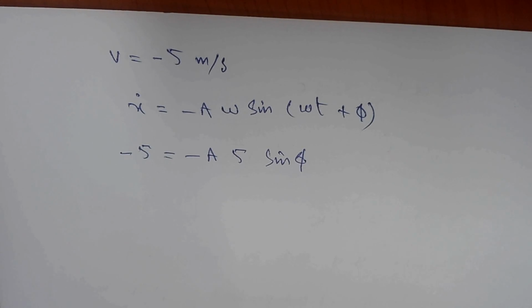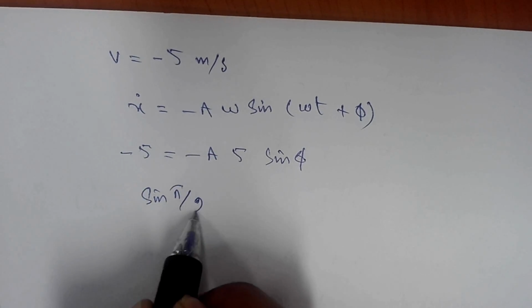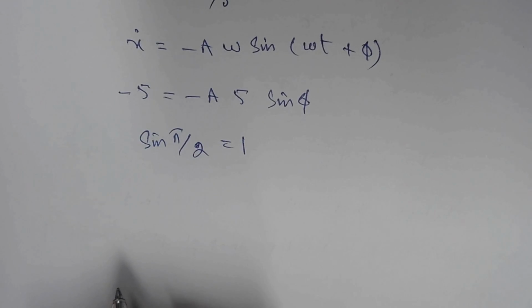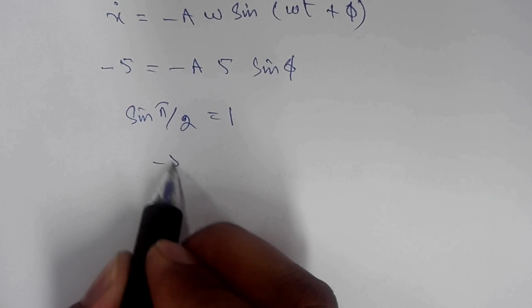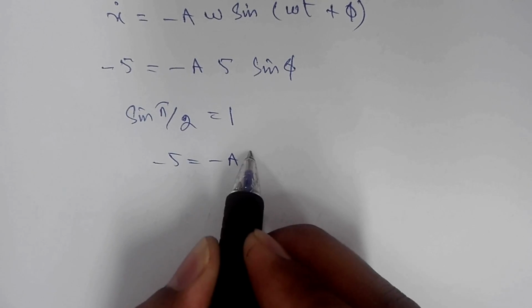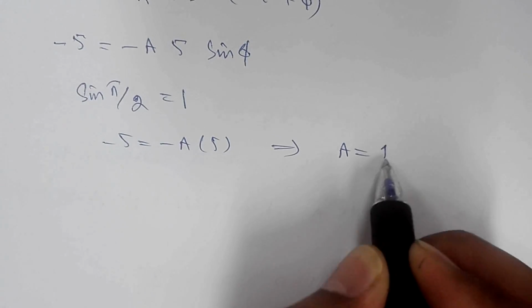If we pick the value of phi which is pi by 2, then sine pi by 2 is equal to 1. So in this case, minus 5 is equal to minus A times 5, A is equal to 1.